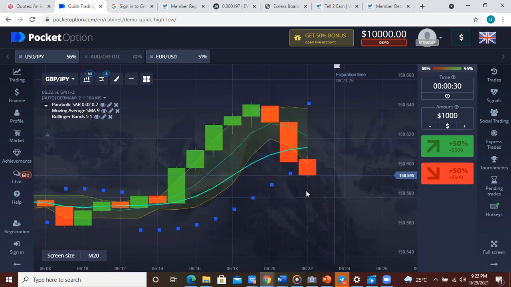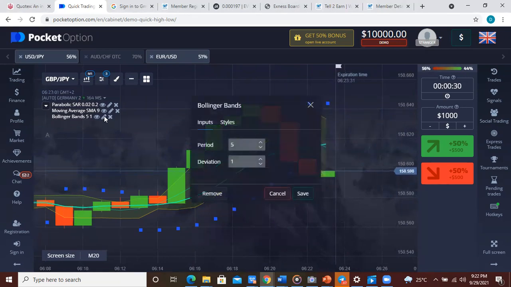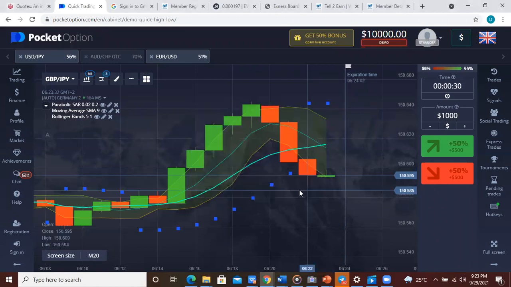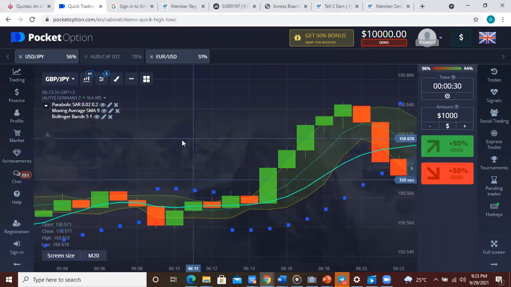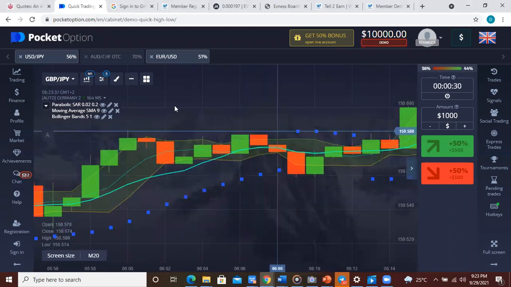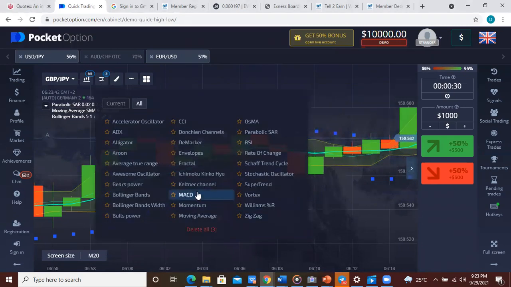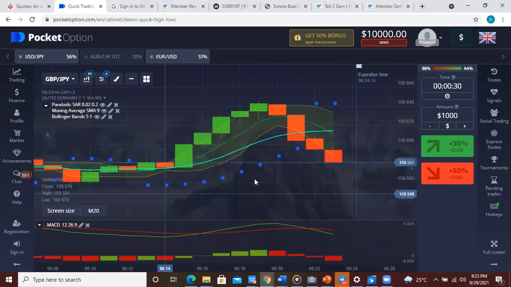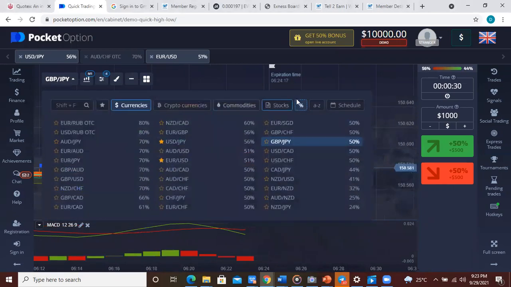Now let me see the Bollinger Bands. Let me add the MACD also. Now let me see something here.